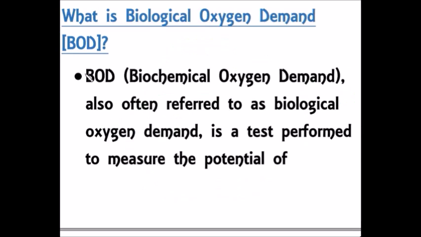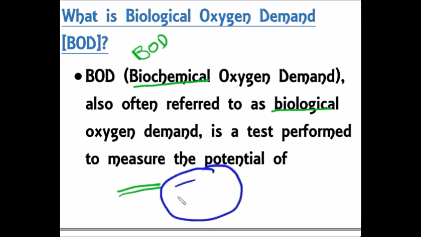To assess the quality of the water, two tests are commonly performed. One is the biological oxygen demand test and the second is the chemical oxygen demand test. The BOD test, or biochemical oxygen demand, or simply biological oxygen demand, is a test performed with the purpose of measuring the impact of surface runoff water or other waters on the receiving water.